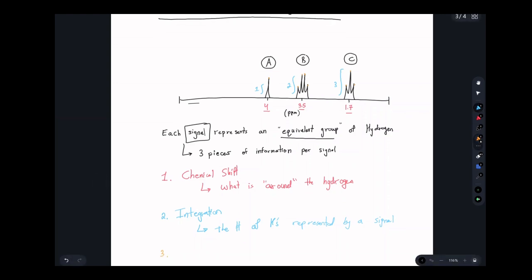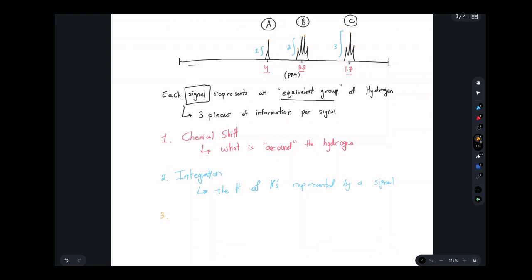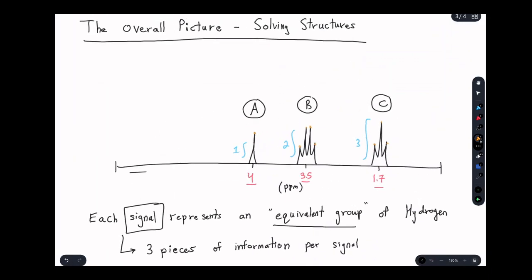The final piece of information, and sometimes more notoriously difficult, is understanding the multiplicity of the signals. Really, this is the shape of the signal, sometimes conflated with the number of peaks. While similar, the shape is really important, as we'll discuss. But the shape of the signal, for example, you can see that signal A, if I zoom in, has 1 peak. Signal B has 4 peaks, but they're not 4 peaks like this, of equal height.